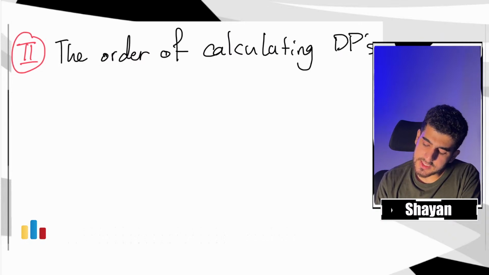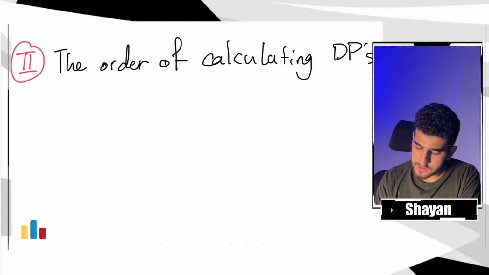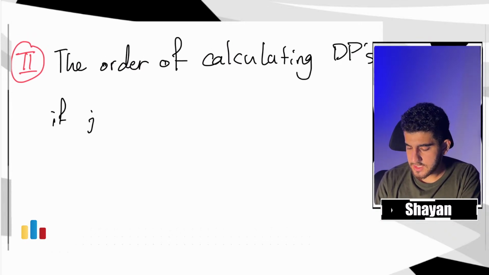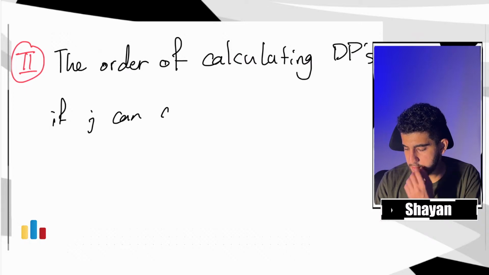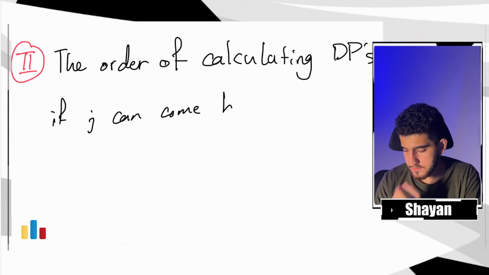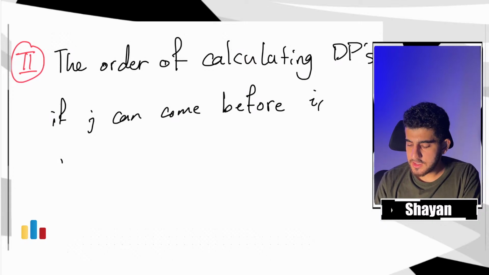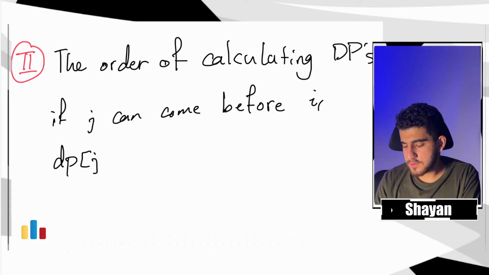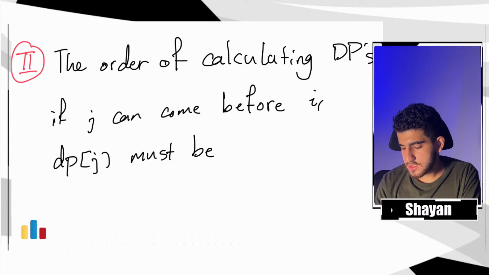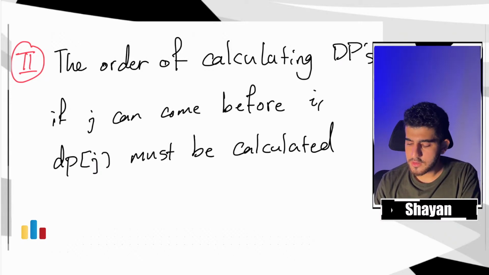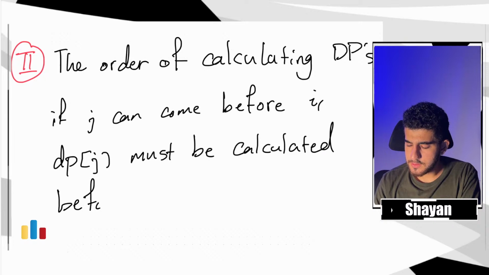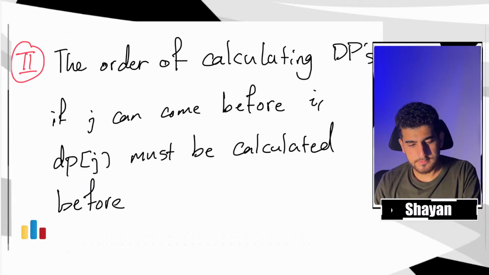If j can come before I, I need dp of j to be calculated before dp of I.